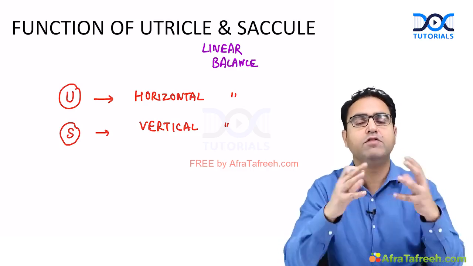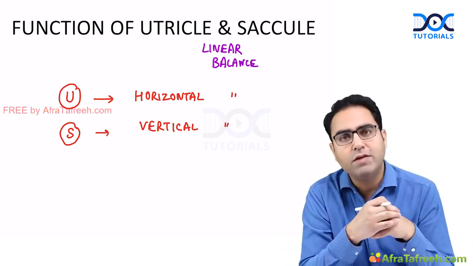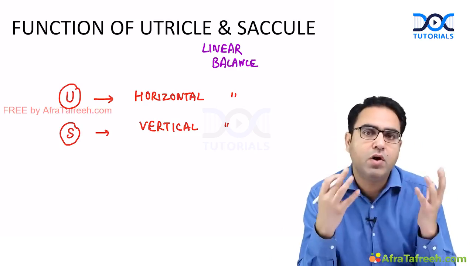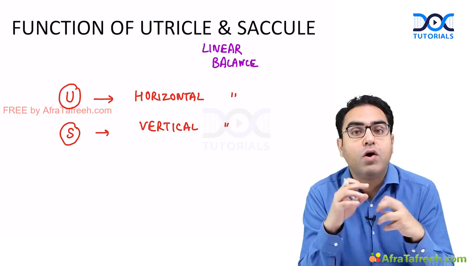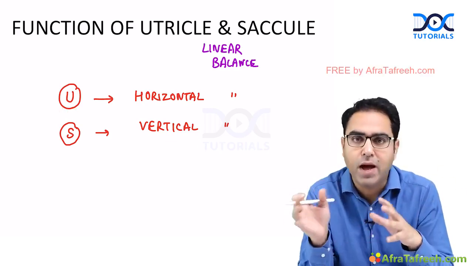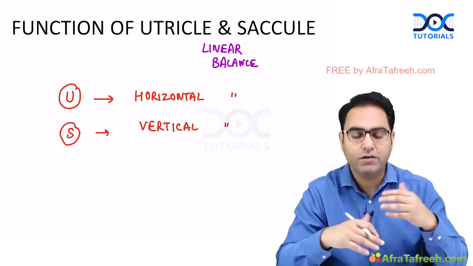The work is distributed. Roughly we say utricle and saccule control linear balance, but we know there are two linears. Okay, now let's go further.